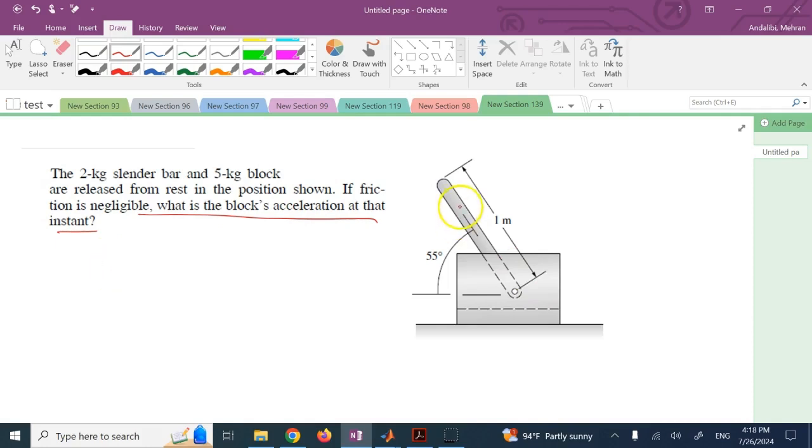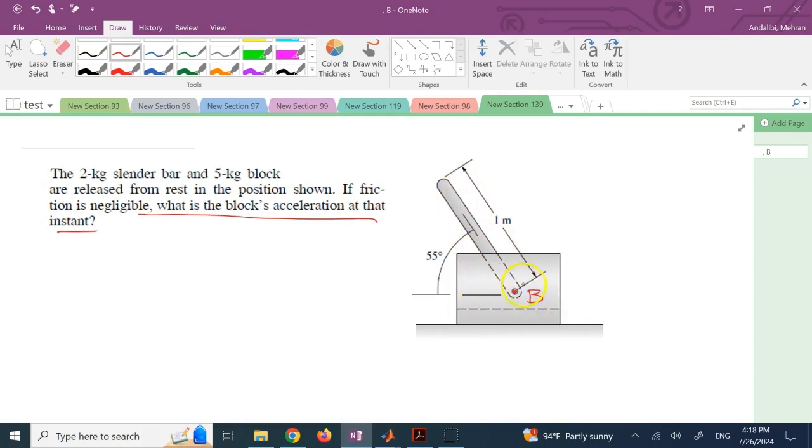And here, just for simplicity, we give a name to this pivot point. Let's call it point B, which we can also consider to be the center of mass of this block, although the cart can be treated like a particle because it does not have any rotation, okay?